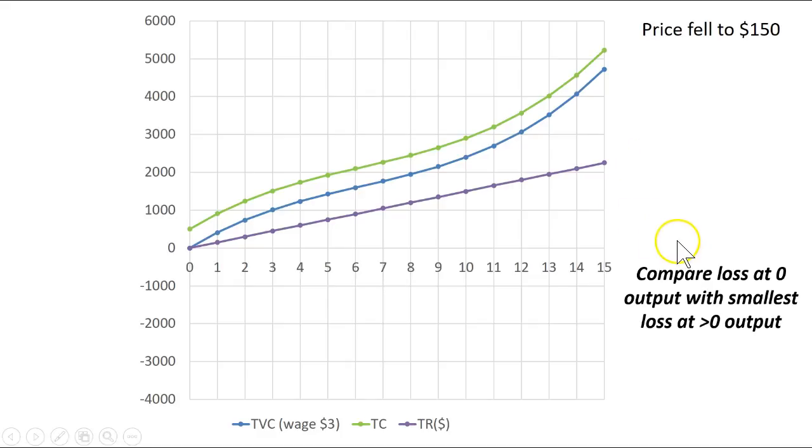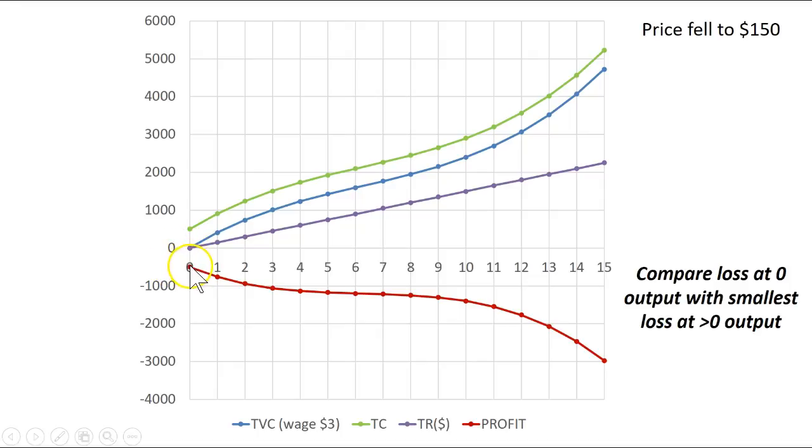Well, the way we can decide that is to compare the loss that is made if the firm produces nothing versus the smallest loss that it makes if it produces some level of output. So let's draw in there's our total profit curve. See, the total profit curve 0 is here.